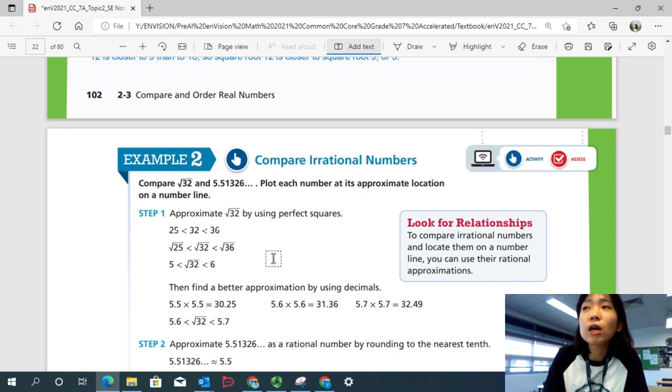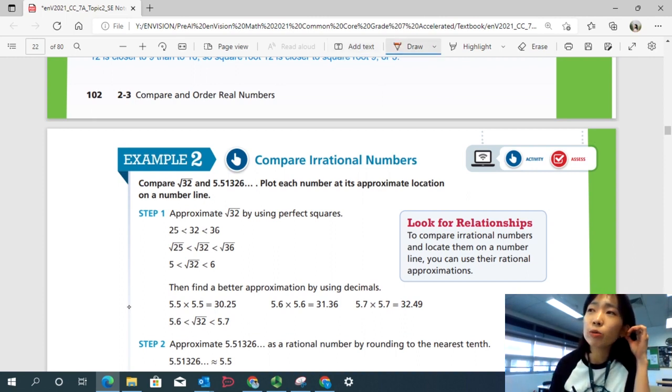And so you can start figuring it out by multiplying your decimals that are between 5 and 6. 5.5 times 5.5 is 30.25. 30.25 is less than 32, so you can increase your decimal. 5.6 times 5.6 is 31.36.